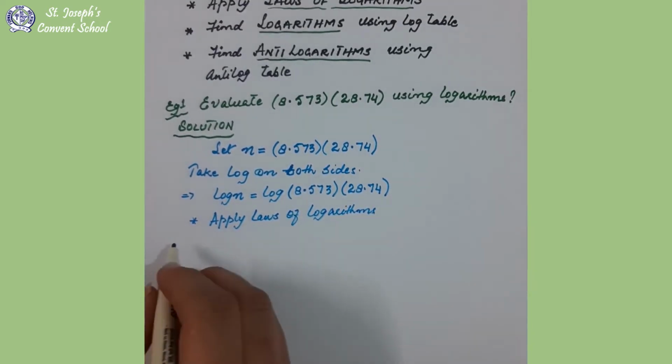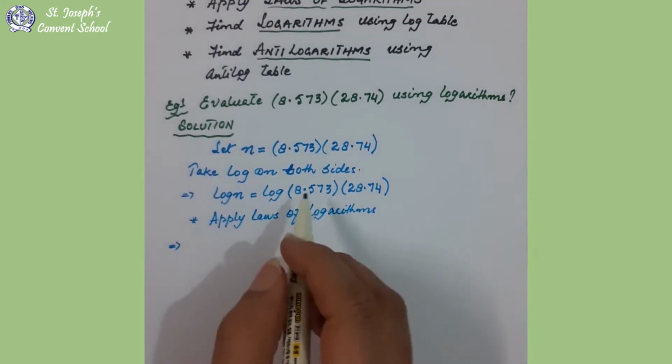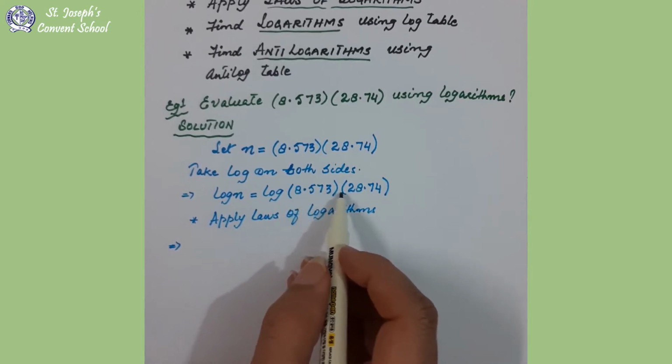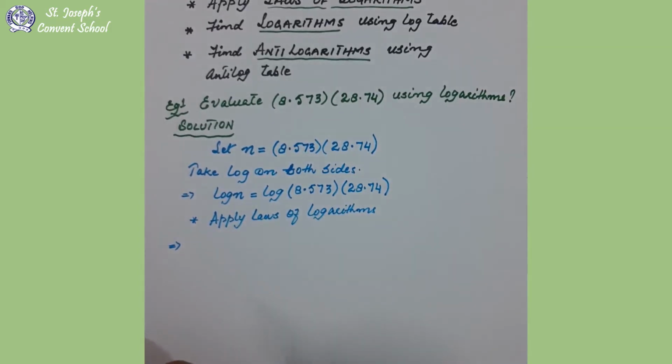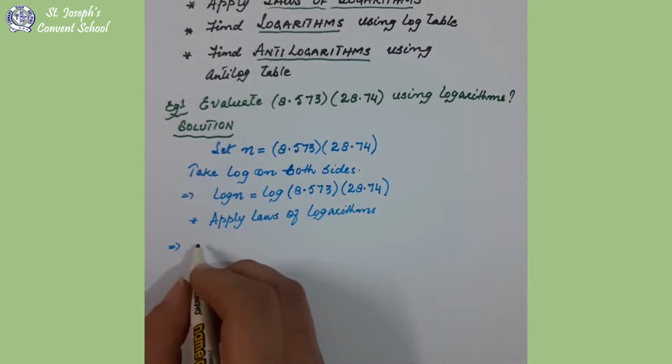According to the law, in the question you can see between these two brackets there is a product sign. So the product sign changes into a plus sign according to the laws of logarithm.